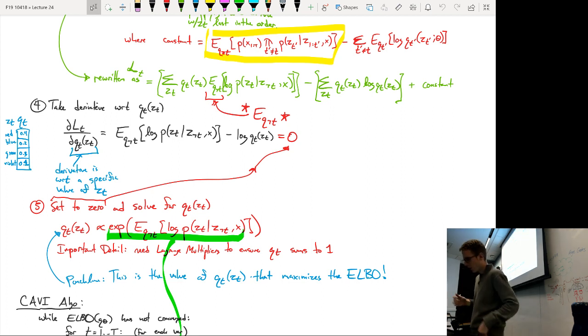Okay, so now let's do an example of this, which would be multinomial full conditionals.